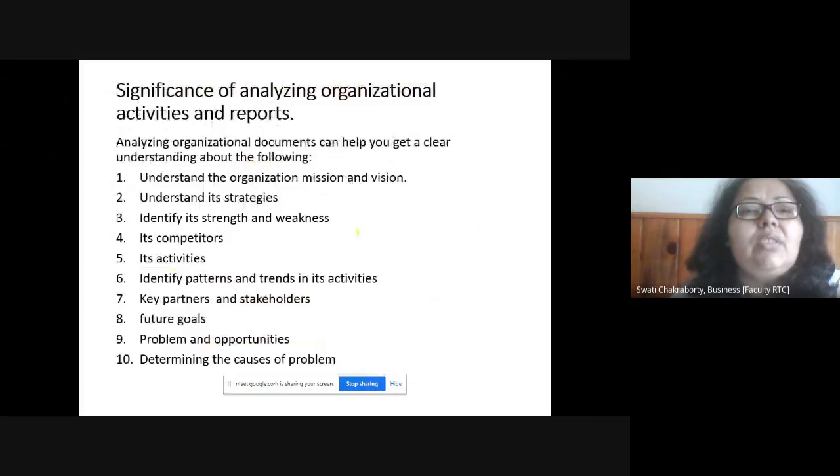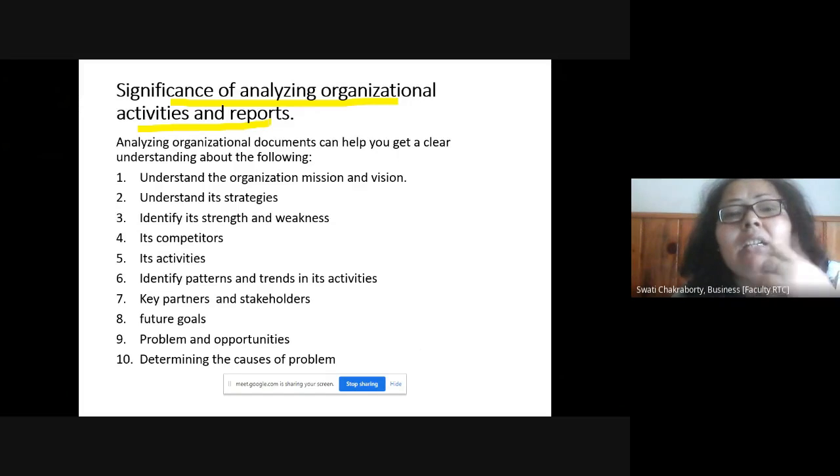Okay, the next thing is the significance of analyzing the organizational activities and reports. How would it help you? It helps you in understanding the mission and vision of the organization. It helps in understanding the strategies that the organization is following, strategies which are never revealed otherwise. It helps in identifying the strengths and weaknesses of the organization.